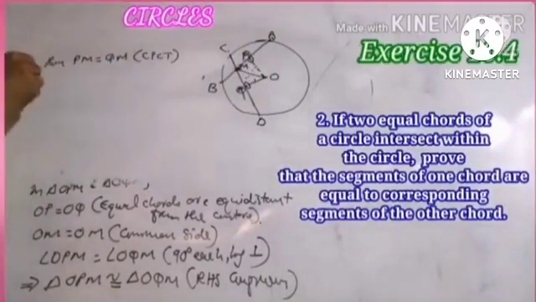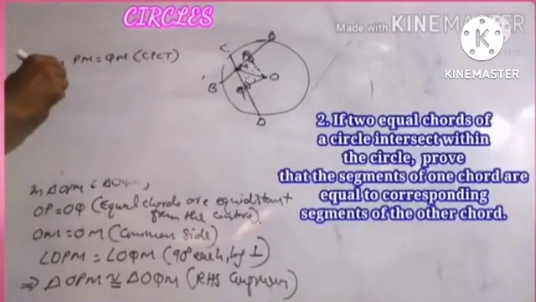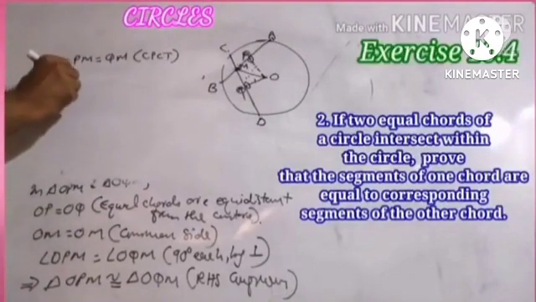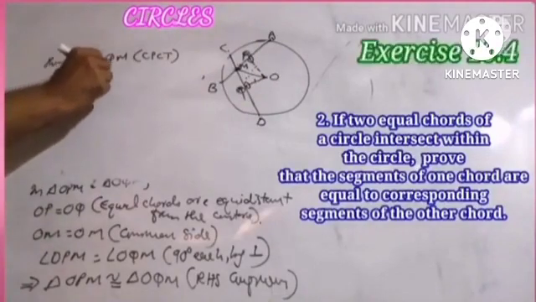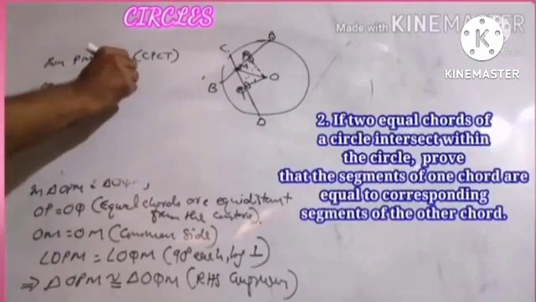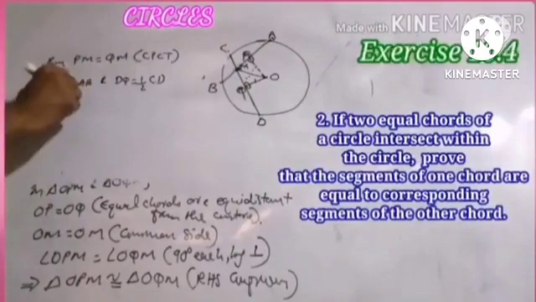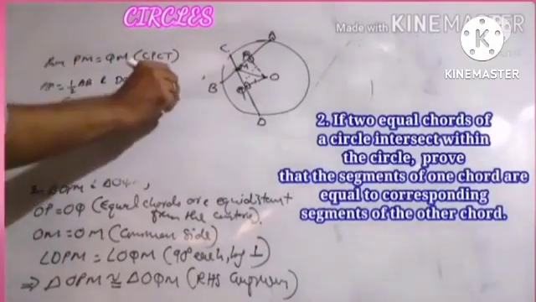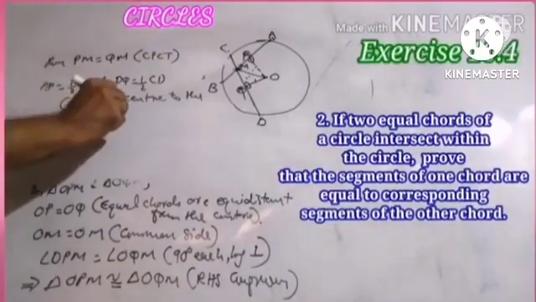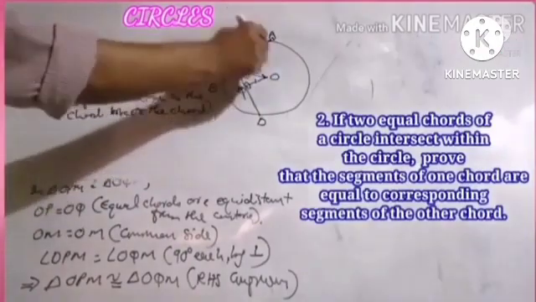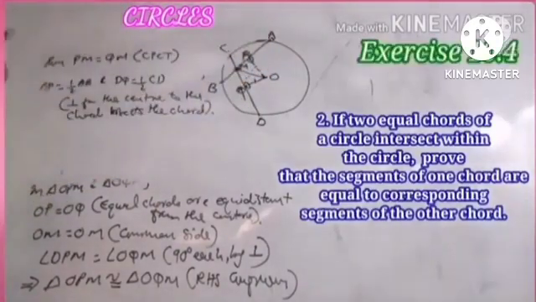So start with that. Here, AP equal to half AB and DQ equal to half CD. Reason, perpendicular drawn from the center of a circle to its chord bisects the chord.